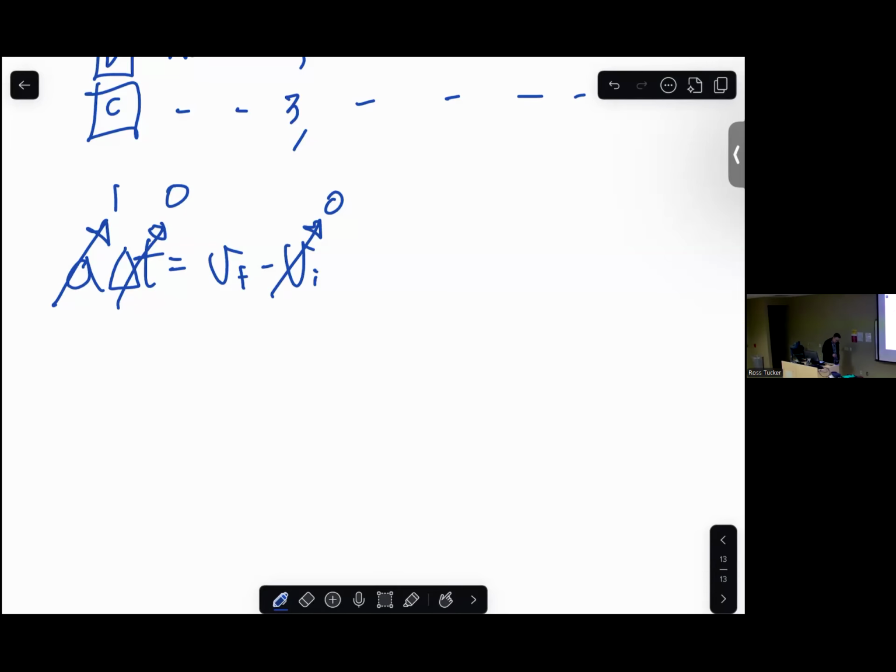Google question H. What did we just deduce about the velocity? What is the velocity the instant you pull the gun? Tell me a number. 1 meter per second squared for 0 seconds. What's my final velocity?